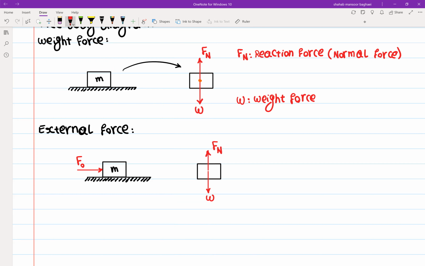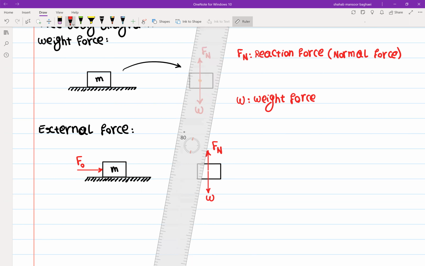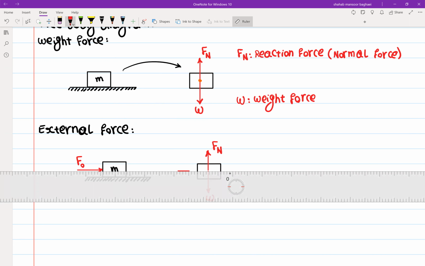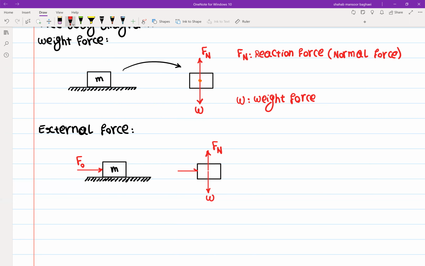It is normal force, Fn. What is next? You have to plot the external force on the block. And at that moment, your diagram is complete. To the right, F0. Consequently, here you have three forces. So F0 is the external force.